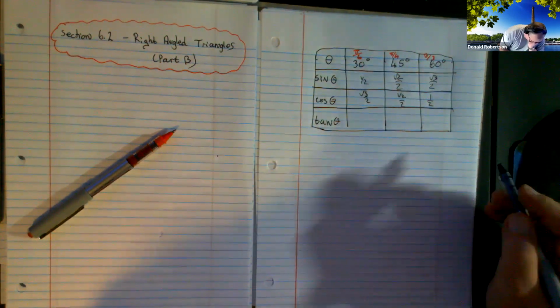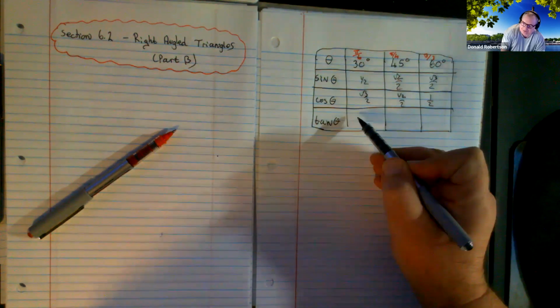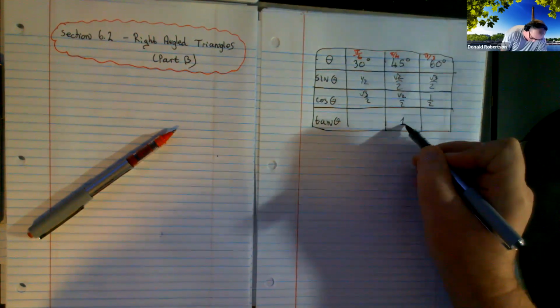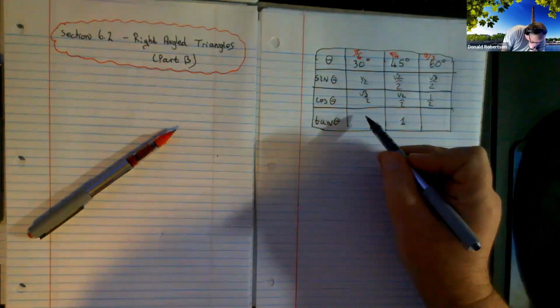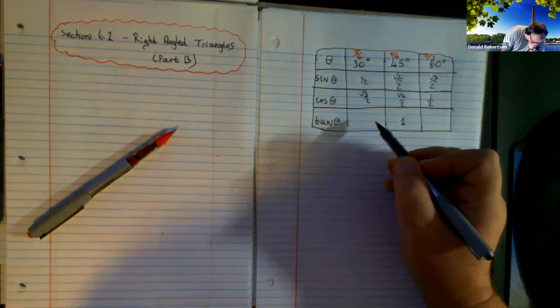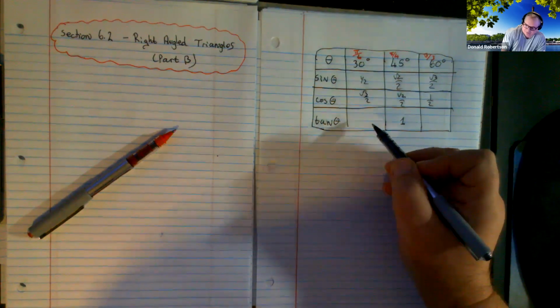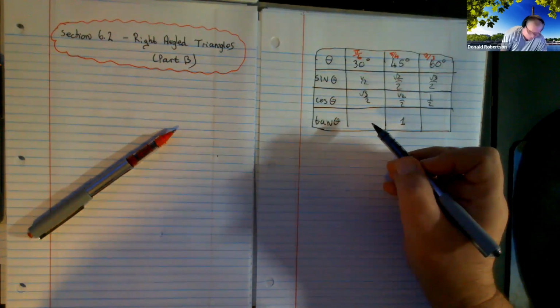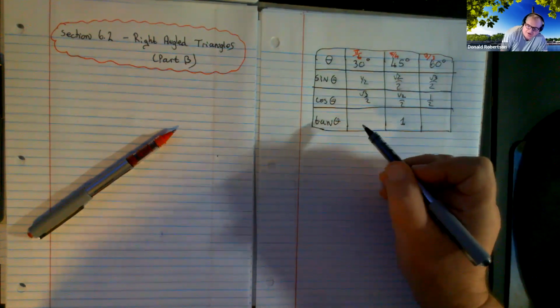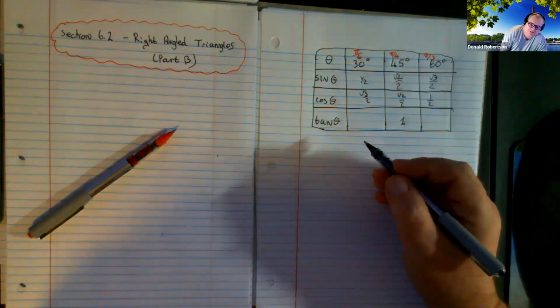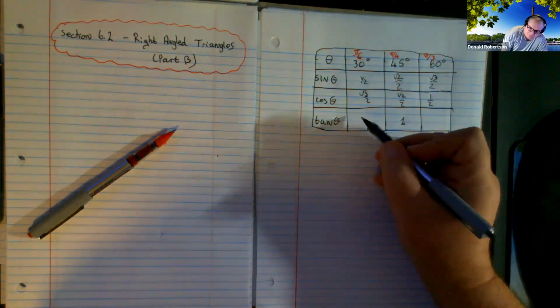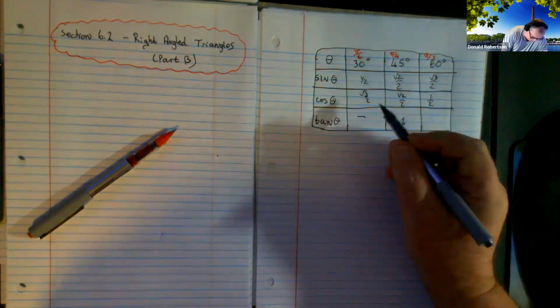What's the tangent of 30 degrees? Anybody? Tangent of 30 degrees. Last chance. Root 3 over 2. Oh, almost. Root 3 over 3.